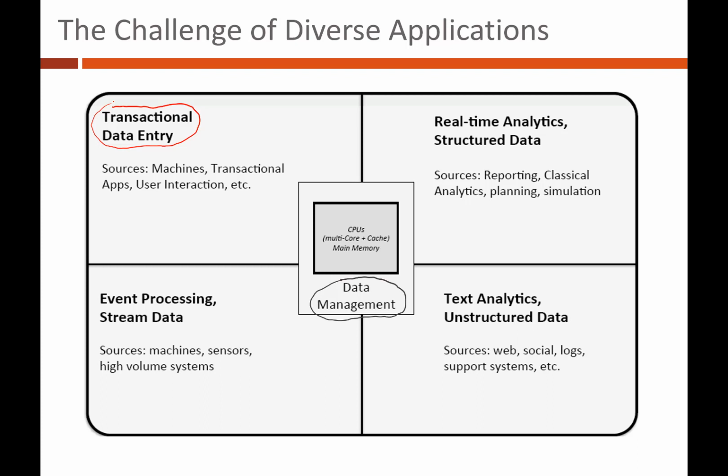This kind of data entry, this kind of data comes from interaction with a user. Can anybody give me an example of what would be transactional data that we might find ourselves having to handle on an ongoing basis in an organization? What would one example of that be?